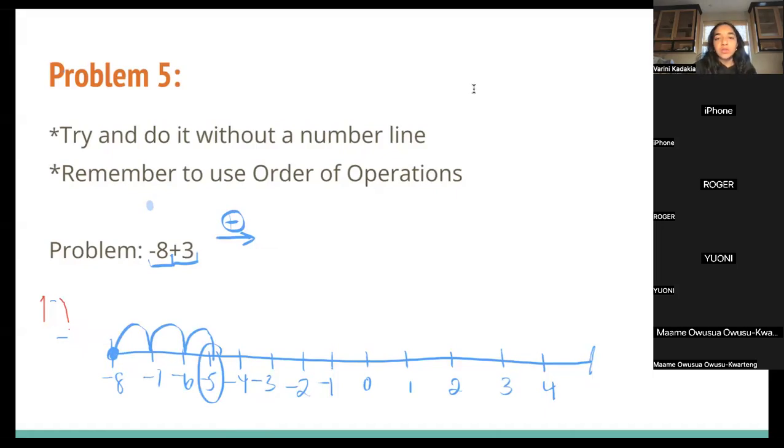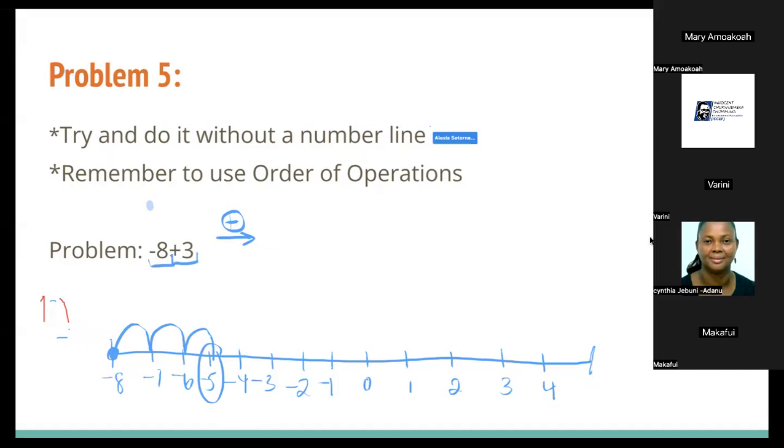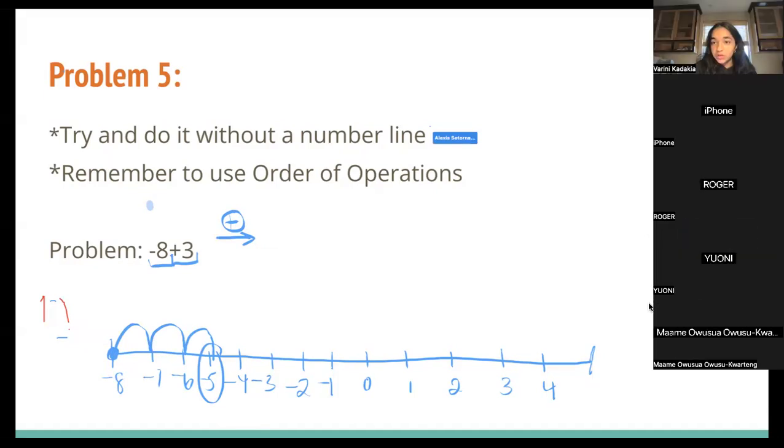Did anyone do it a way that does not require a number line? Yes. Okay, does one want to explain? I'm not completely sure who all said yes. Roger, do you want to explain?